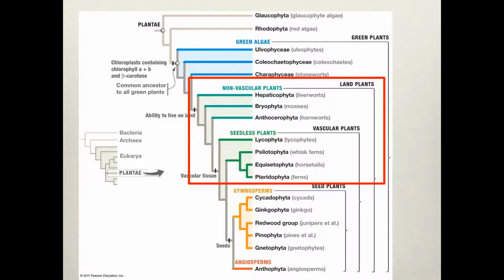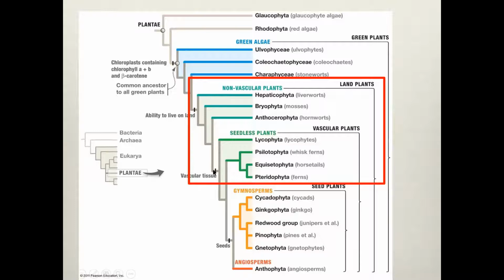Vascular tissue had not evolved yet when these lineages broke off of the plant lineage. Then later on, the synapomorphy we see is vascular tissue, which is xylem and phloem. So xylem and phloem evolved later on, and this allowed plants to really branch out and dominate the terrestrial environment.